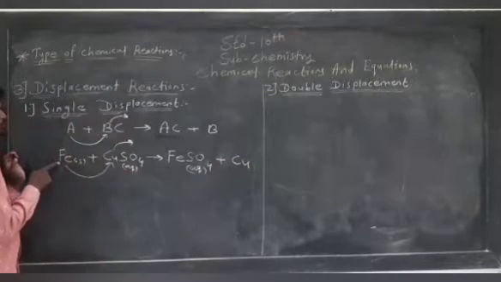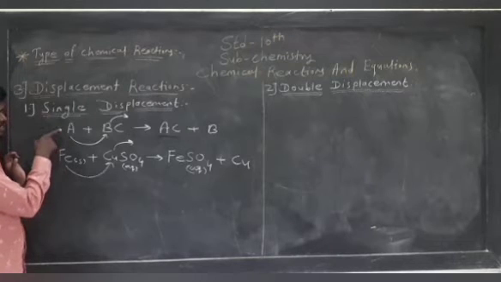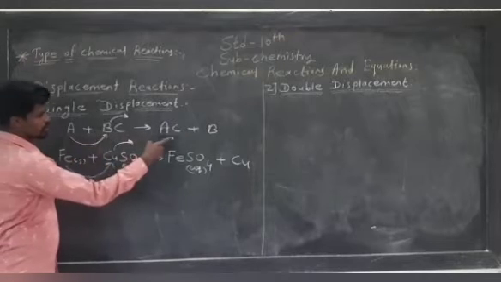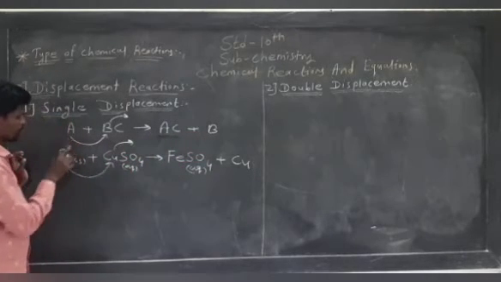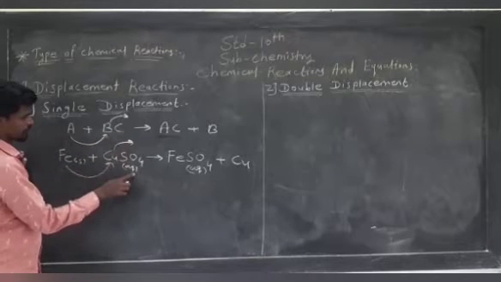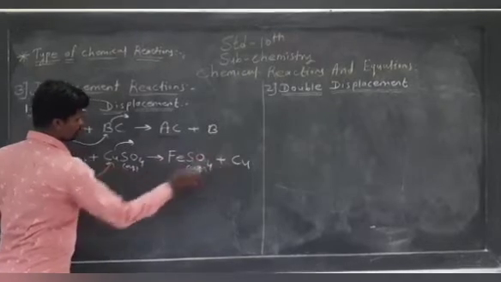This is an example of single displacement reaction and it matches the general equation A plus BC gives AC plus B. A for iron, BC for B for copper and C for sulfate; AC for iron sulfate, B for copper.